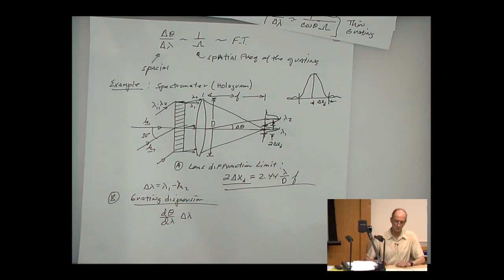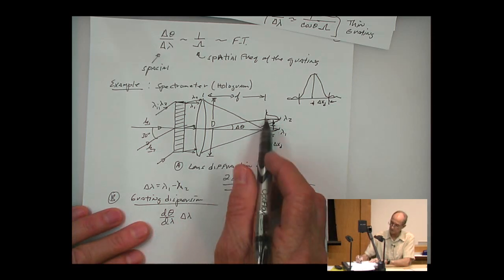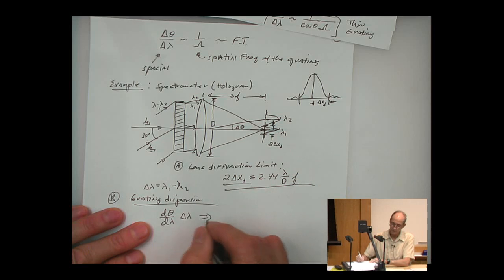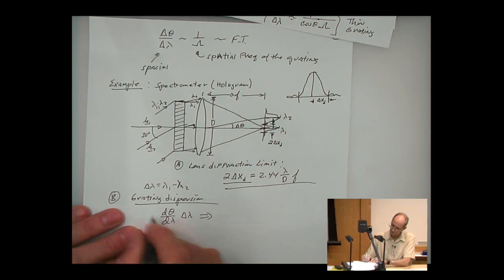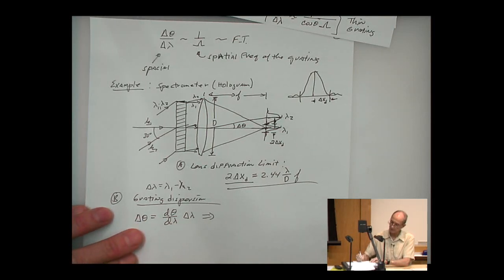It's just the difference between our two wavelengths. And if we have this focal length here, and this is a small angle, then this is going to give us the delta theta that we need.